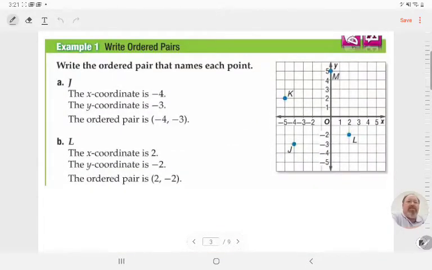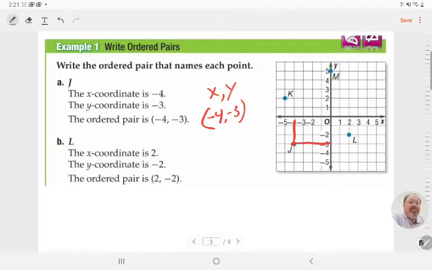So let's look at a problem. It says write the ordered pair that names each point. So J, if we look at J, J's right here. So we know that if I go straight up, that's at -4. If I go straight to the right, I'm at -3. So I would write that as -4, -3, that's my x, and that's my y, okay?